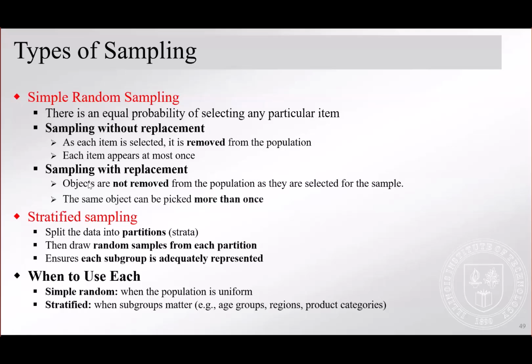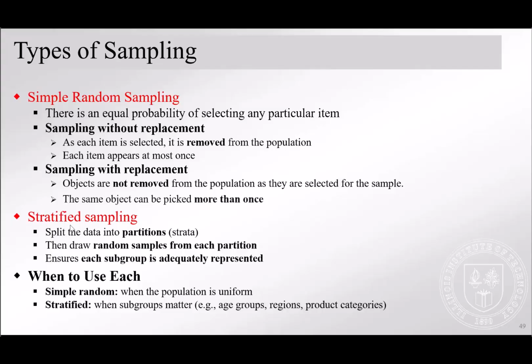The other is with replacement, where items aren't removed, so the same object can be picked more than once, like drawing names from a hat and putting each name back after drawing.